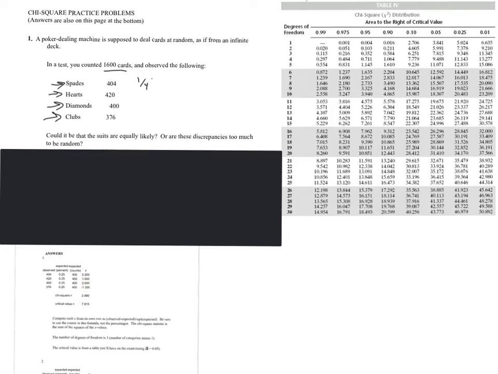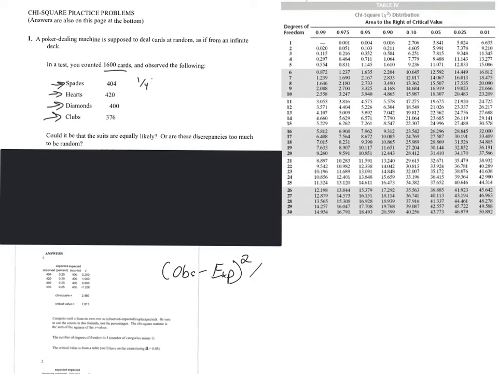What I'd like you to do when you're doing your problem is the following, which I showed you in class, which everybody should be able to do at this point. You should take your observed number, and you should subtract your expected number, or theoretical. You should square that, so that should be inside parentheses.